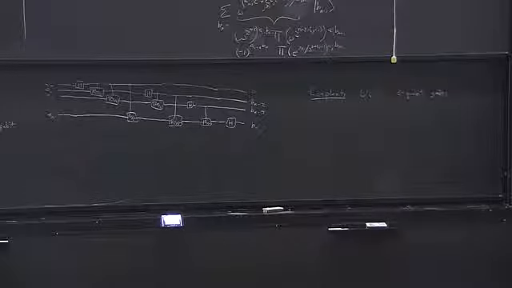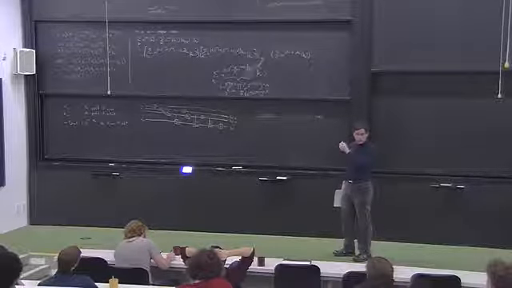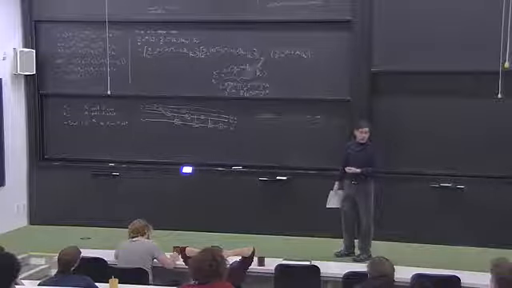So what we find is that the complexity of Shor's algorithm is actually dominated not by the Fourier transform, which is the more quantum part, but by the modular exponentiation.